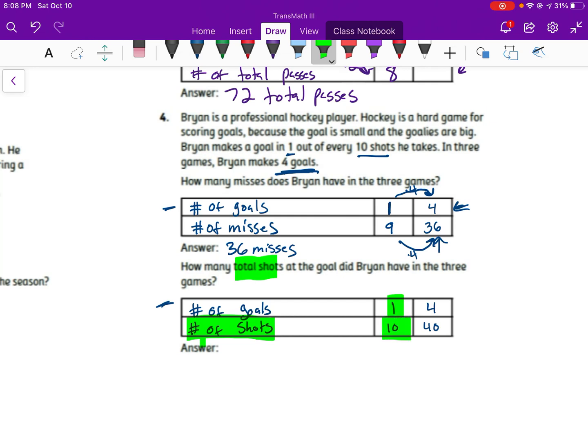And then in this case, in the 3 games, he scores 4 goals, which took him a total of 40 shots. And the way we found that 40, because we were given those, we had to use either vertical or horizontal. I think horizontal worked a little easier. 10 times 4 is 40. So 40 total shots.